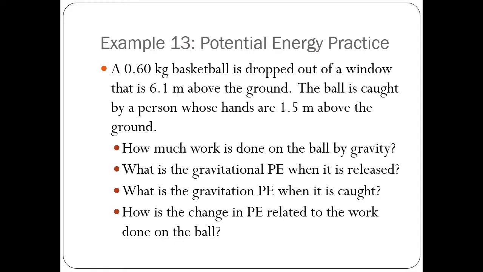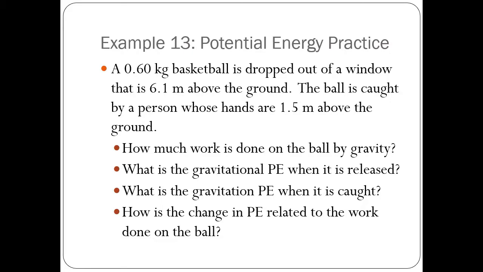And pulling out our handy dandy calculator, I get 4.6 times 6 equals 27.6 joules. What was the gravitational potential energy when it was released?